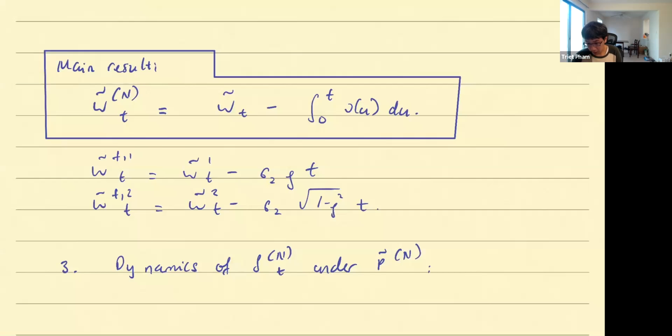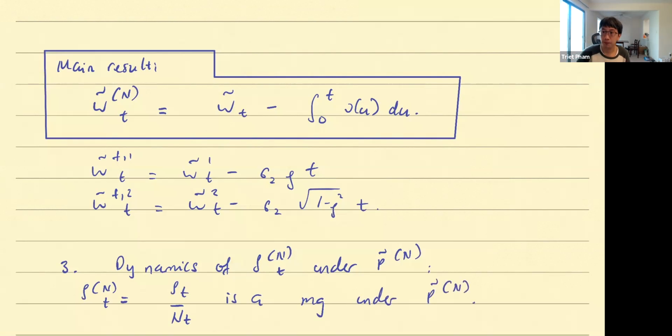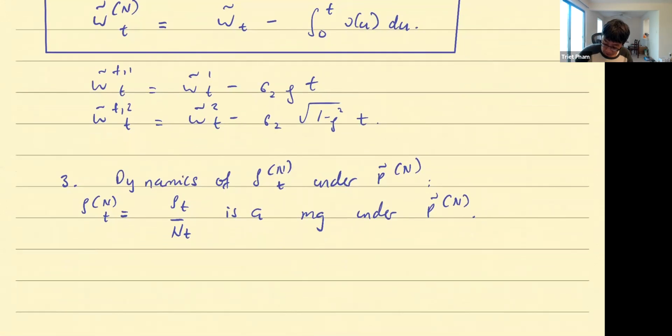Okay. So the idea is this. Remember that S^N, which is S_t over N_t, we know is a martingale under P tilde N. So when you look at dS^N_t, it must have no drift.